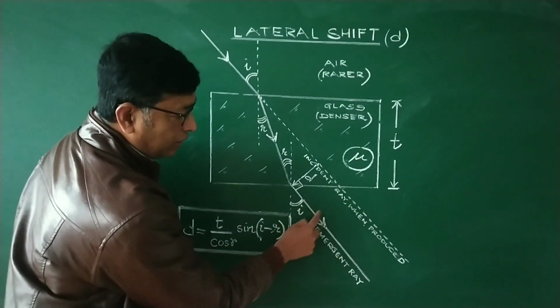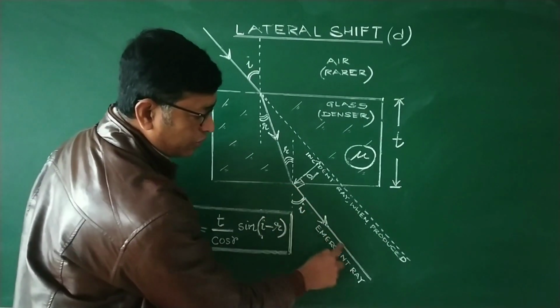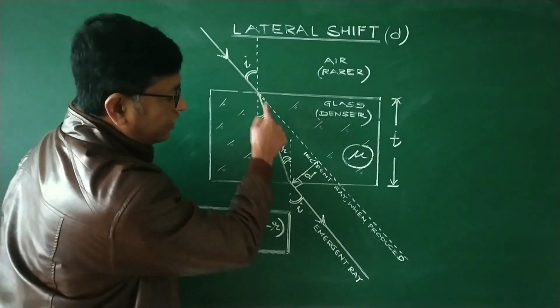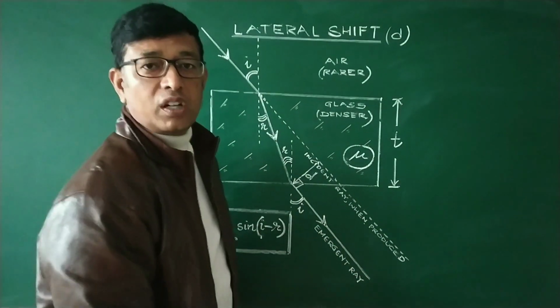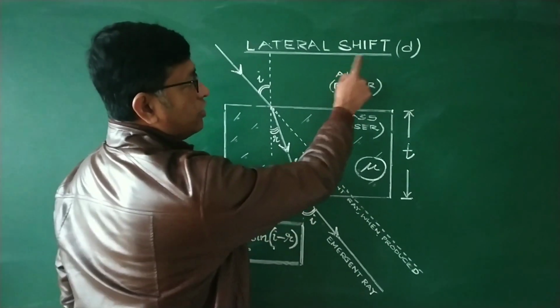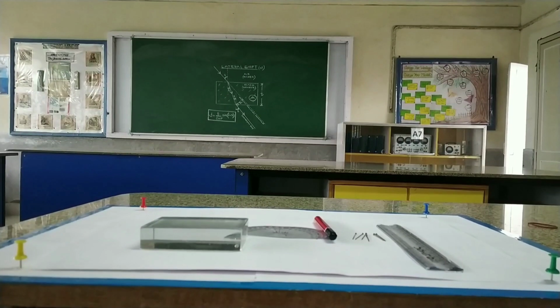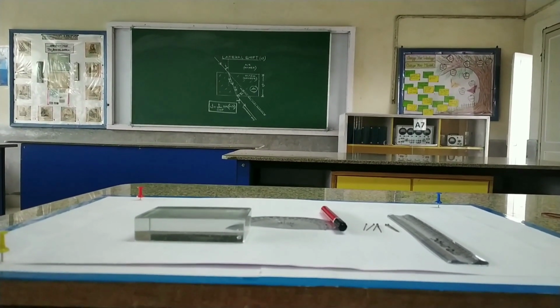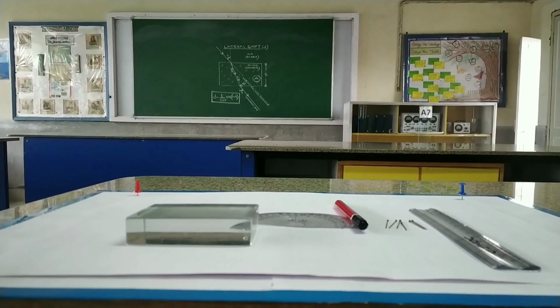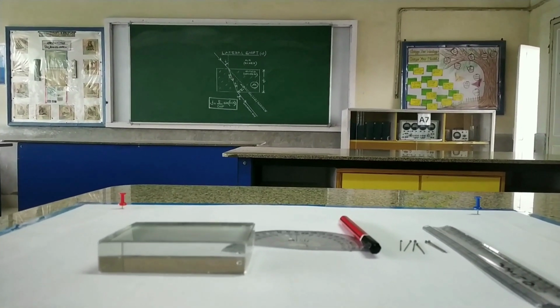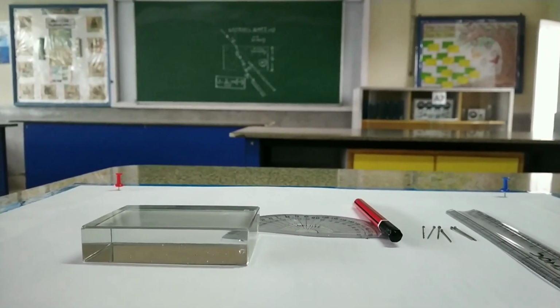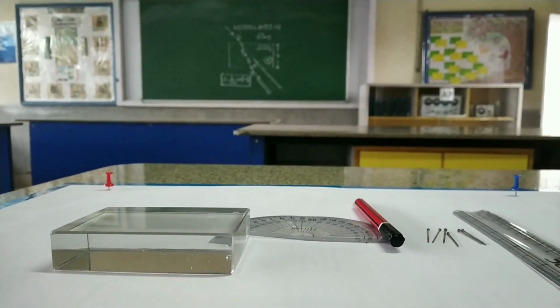And the perpendicular distance between the emergent ray and the incident ray when produced, that is what we call as lateral shift. In this activity, students, we are going to observe the refraction of light and study the lateral deviation of a beam of light when it is incident obliquely on a glass slab.